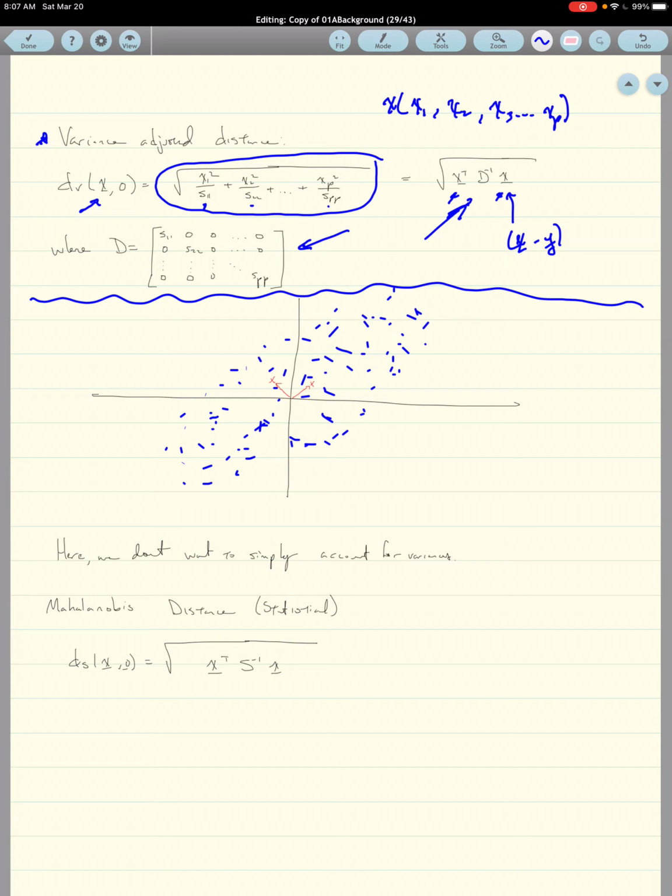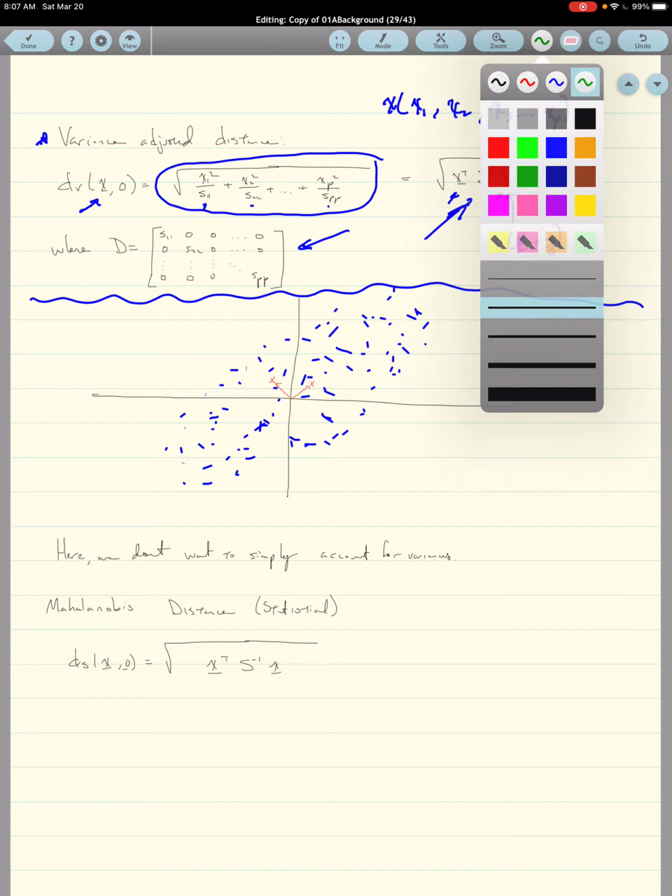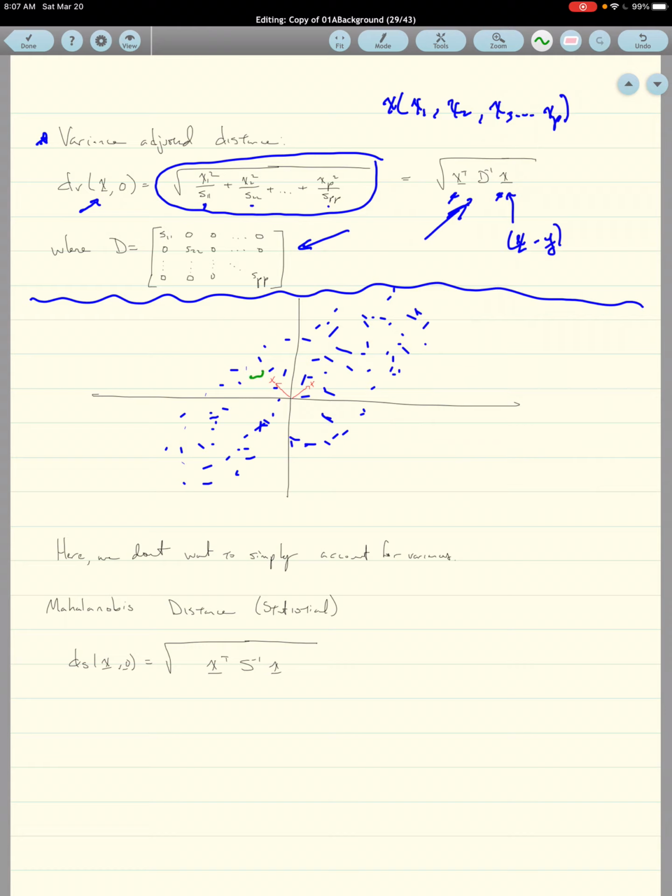We could do the same game where we say, okay, let's consider two locations. And of course, I picked two locations that are equidistant from 0. And again, this location here would appear to be more unusual than this location here.